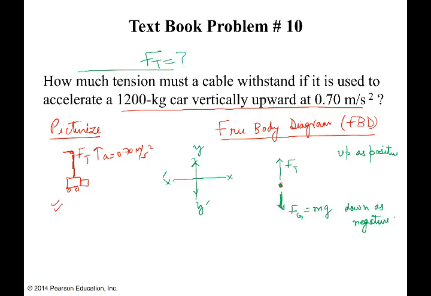How much is Ft? This was step number 1, free body diagram. Step number 2, Newton's second law is applied in the vertical direction.